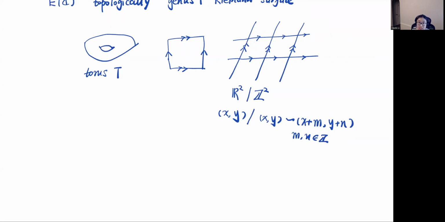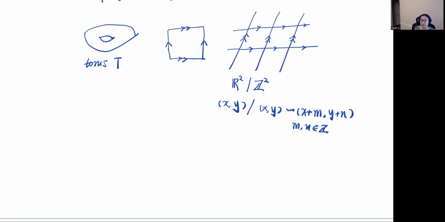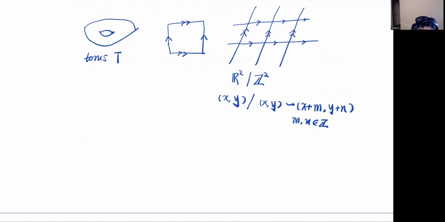And so this tells us that essentially we can construct a complex elliptic curve the same way. Namely, let me first make a definition.